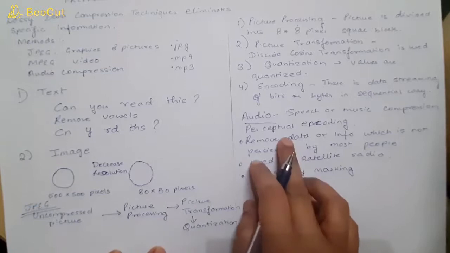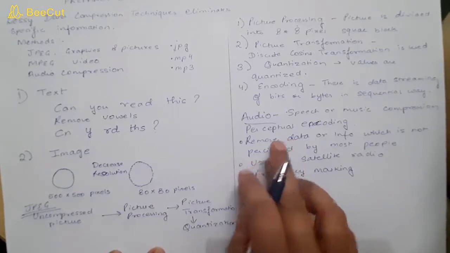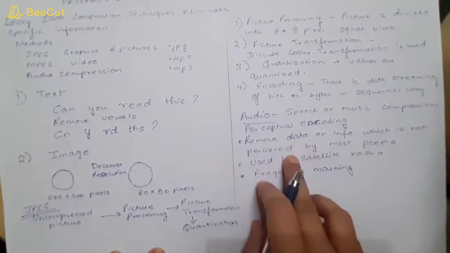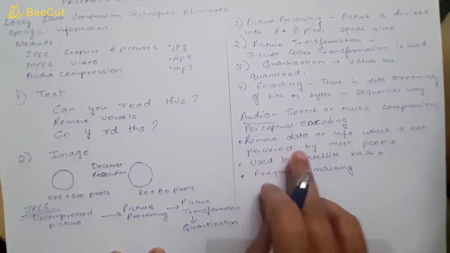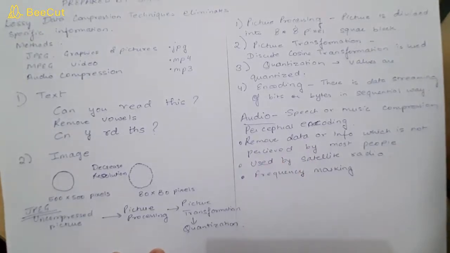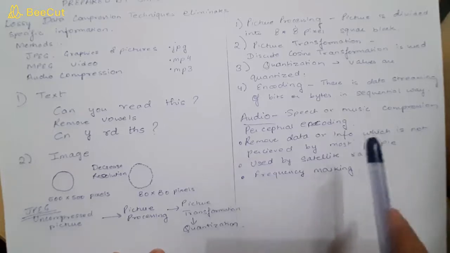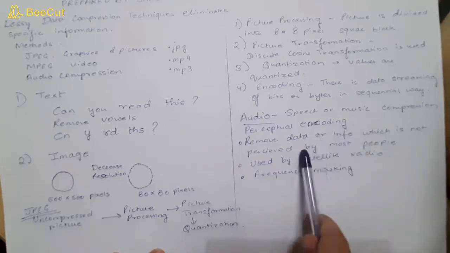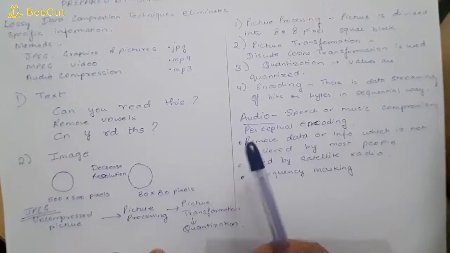That is the purpose of perceptual encoding. We are removing data which is not perceived by most people. Most people won't be able to hear the sound produced by me. Whatever I am speaking, if someone starts making another sound louder than mine, you won't be able to hear my sound.